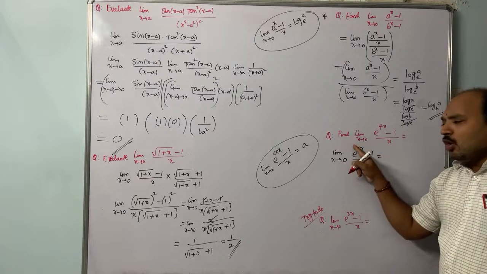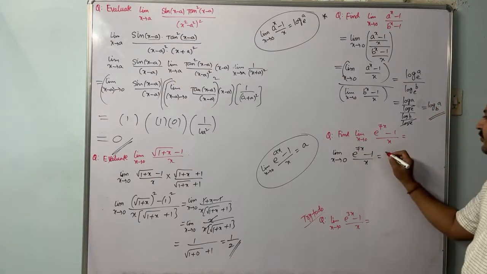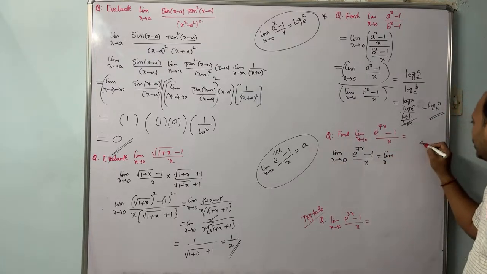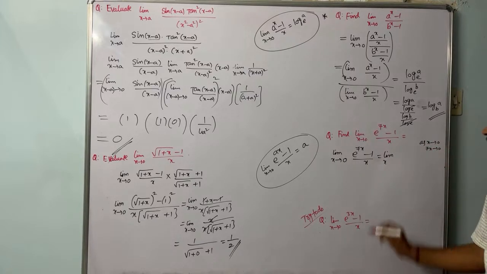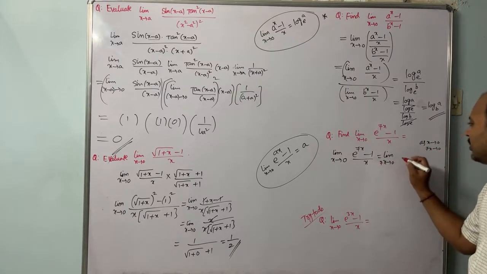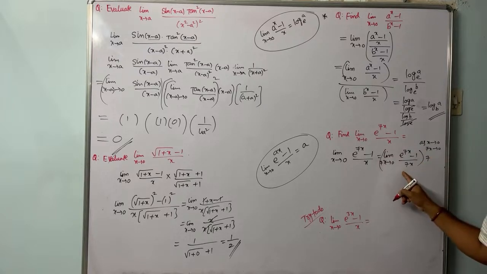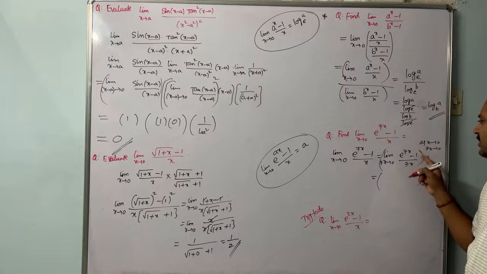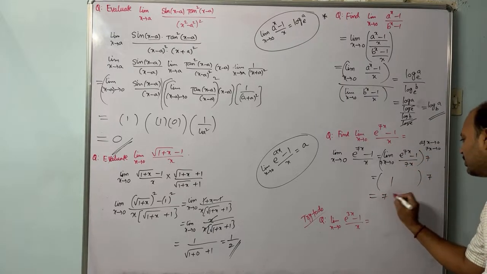Here, whatever the x coefficient is, that value you have to multiply and divide in numerator and denominator. As x tends to 0, 7x also tends to 0, no? So 7x tends to 0, (e power 7x minus 1) by 7x into 7, multiplying by 7 and dividing by 7. It is in the form of limit (e power x minus 1) by x only. That value is 1 into 7, which is equal to 7.